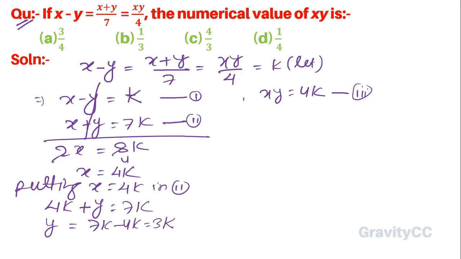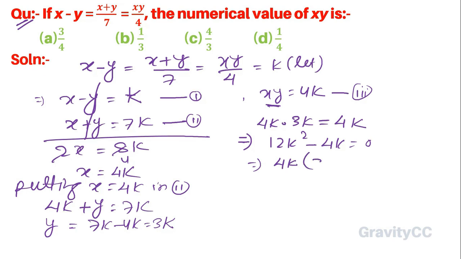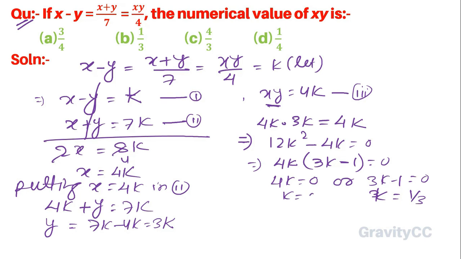And now we put the values of x and y in equation third, so we get 4k into 3k is equal to 4k, that is 12k square minus 4k equal to 0. Taking 4k as a common, 4k into 3k minus 1 is equal to 0, so 4k equal to 0 or 3k minus 1 equal to 0, so k equal to 1 upon 3 or k equal to 0. So k equal to 0 is not possible.